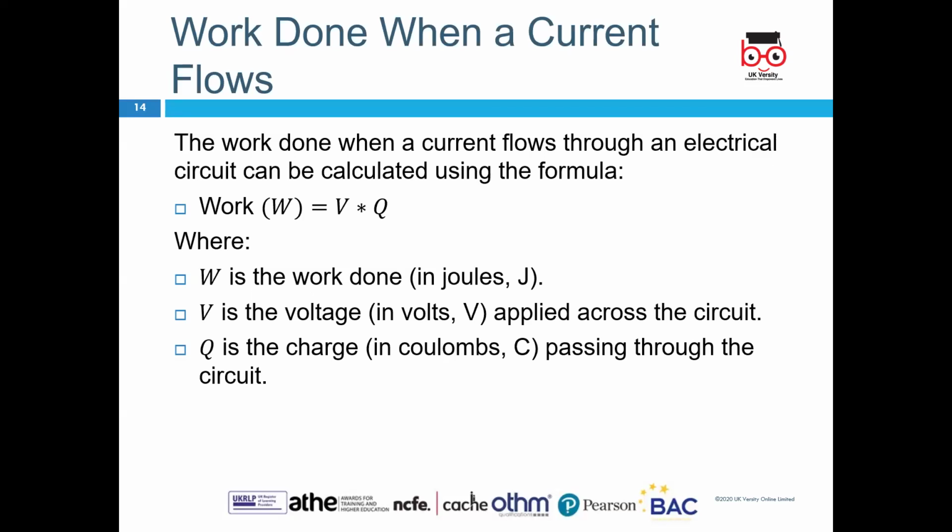Next we look into electrical changes: work done when there is a flow of current. The work done when a current flows through an electrical circuit can be calculated using the formula W is equal to V into Q, where W is the work done in joules, V is the voltage in volts applied across the circuit, and Q is the charge in coulombs.